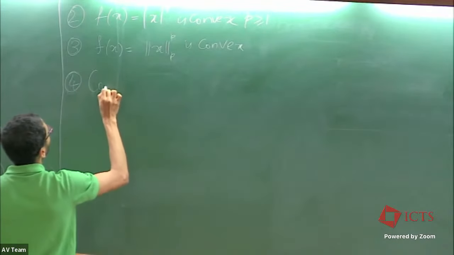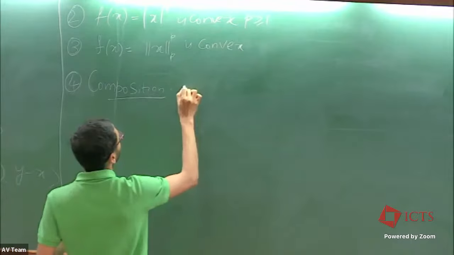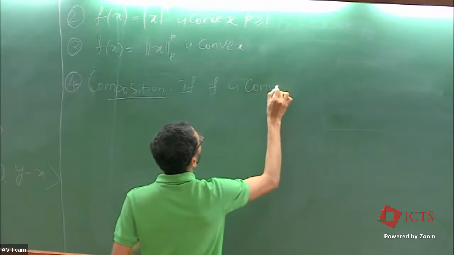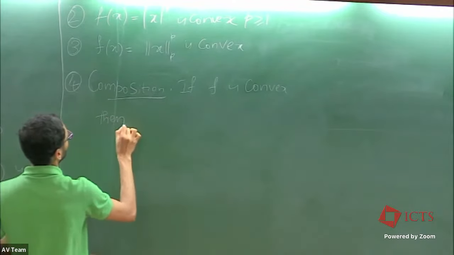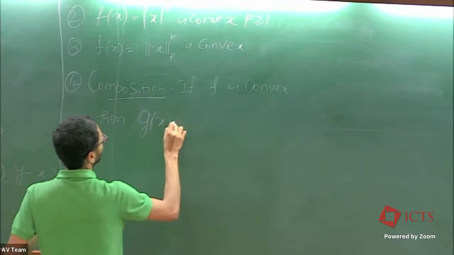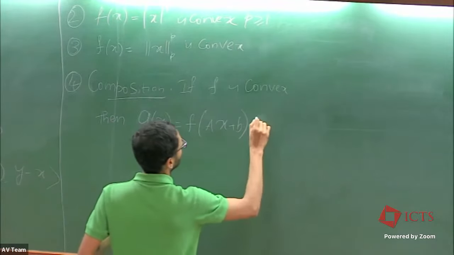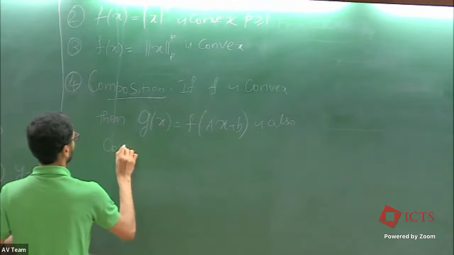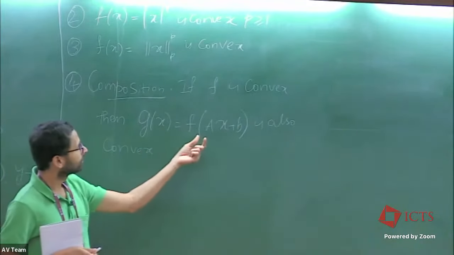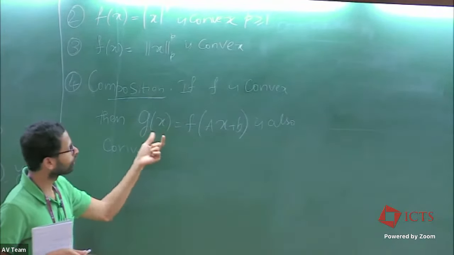So one is the composition theorem. It basically says that if f is a convex function, then first doing an affine transformation on x and then applying this convex function, if we call that new function g of x, this is also convex for any a and b.